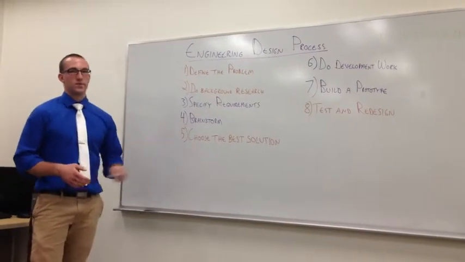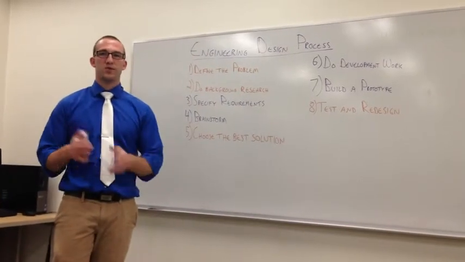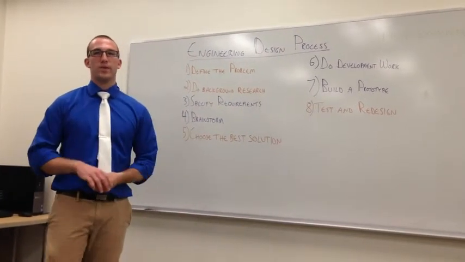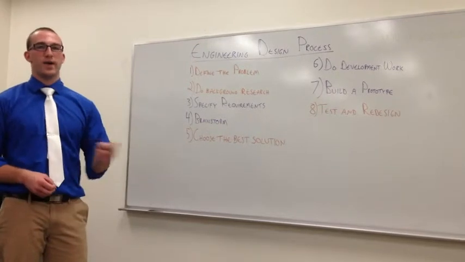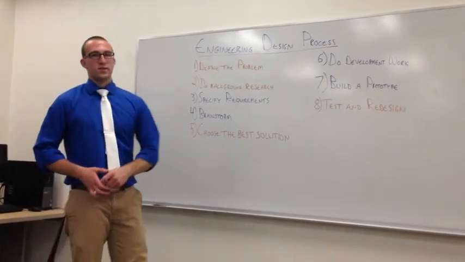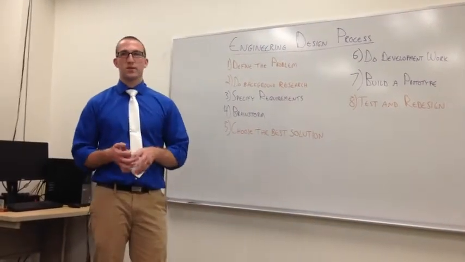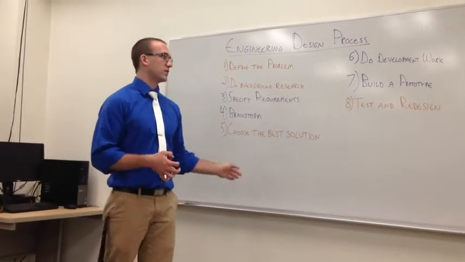Then you'll brainstorm by throwing out ideas. Any idea that you come up with, you'll just throw it out, write it down. Maybe it'll be useful, maybe you'll use it, maybe it'll impact your design in some way. Then you'll just choose the best solution. Which idea or ideas in your brainstorming session work the best? What do you want to focus on?